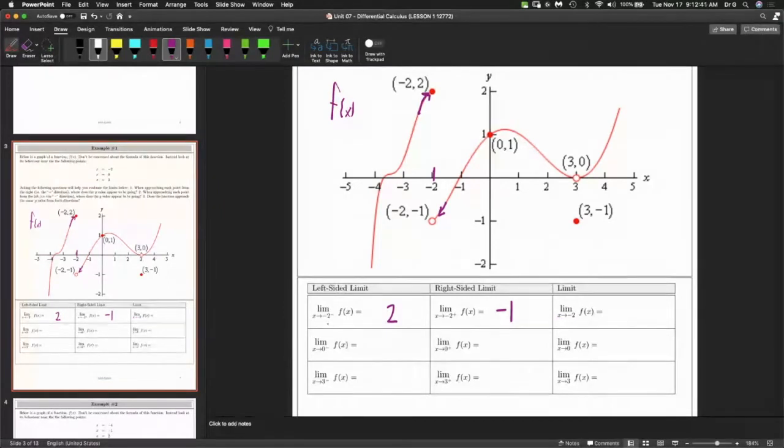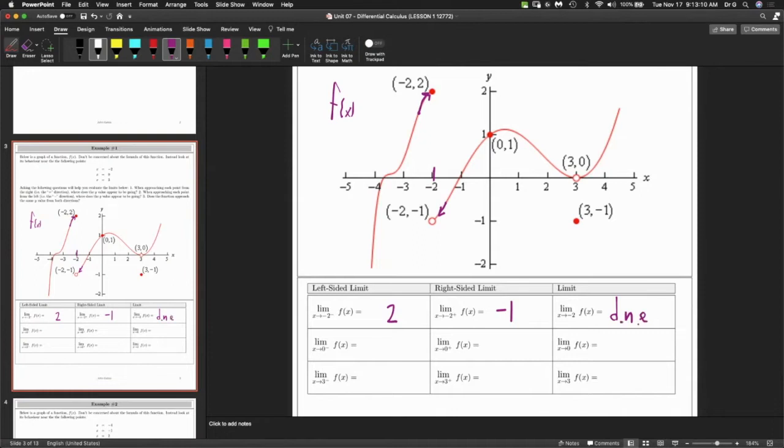So if you take these two things here and consolidate them into one limit, which is what you're always going to see in the future, you won't see these guys for the most part. Anyway, if you do that here, wait a second, these don't match. So the overall limit, you would write DNE.